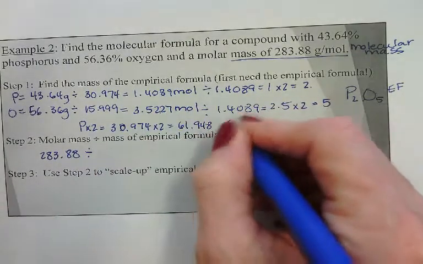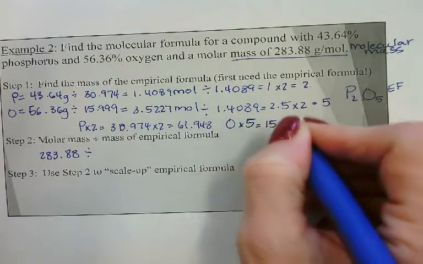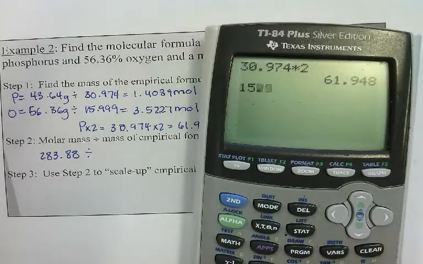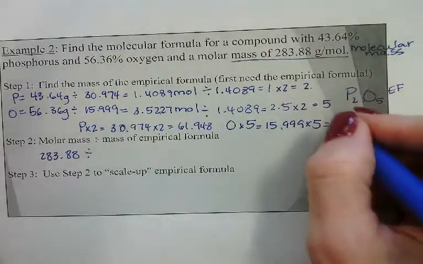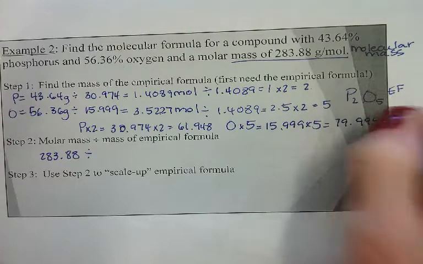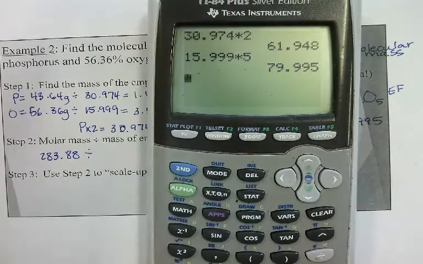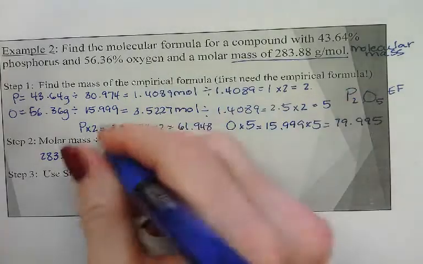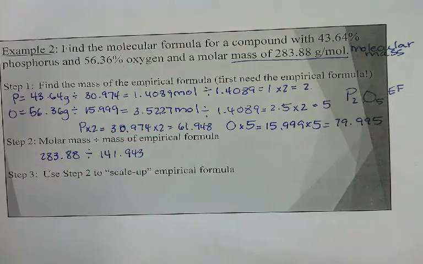And then oxygen, it's 5 of them. Oxygen times 5, 15.999 times 5, is 79.995. Okay, in order to find the empirical formula mass, I add these two things together. 141.943. That's the empirical formula mass.